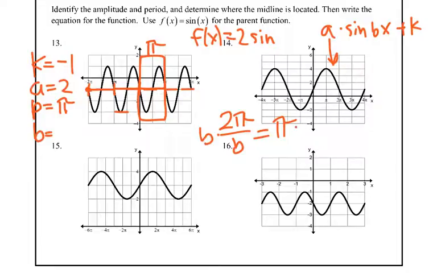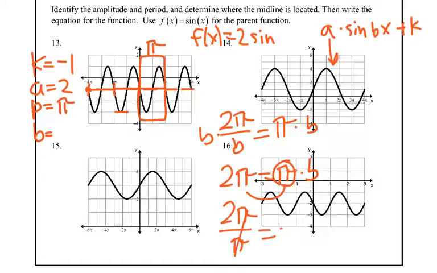So essentially what you have to do to find b is to take whatever your number is and divide it. So 2 pi divided by pi would give us 2. So 2x, b is 2, and then my k is -1. And there's my new formula. That's all we have to do.